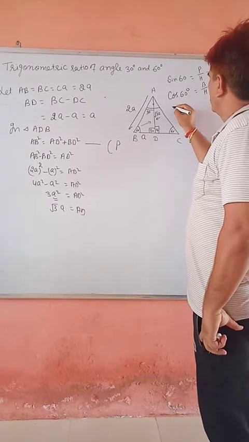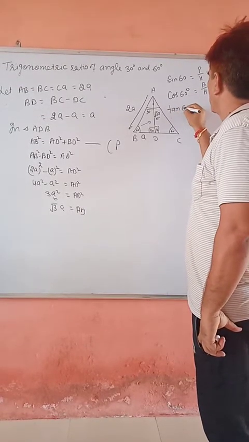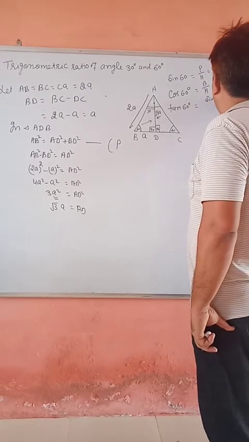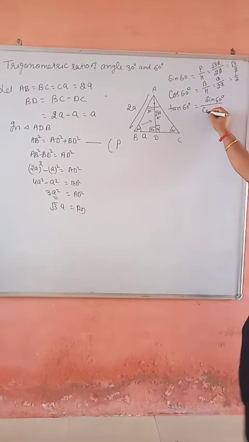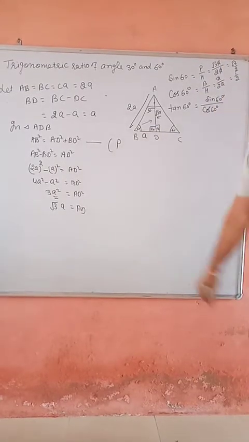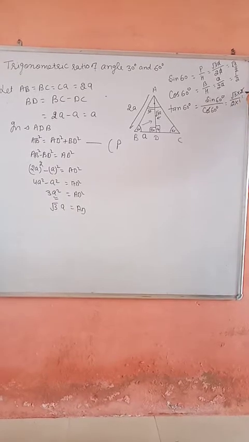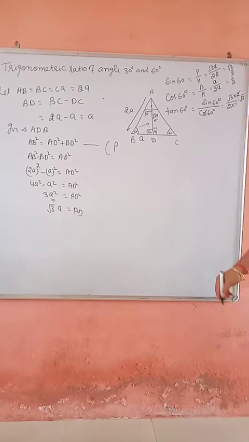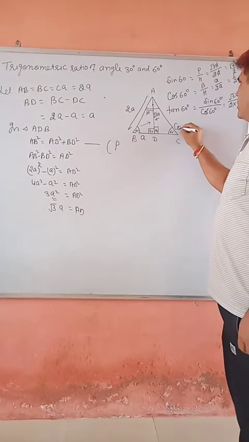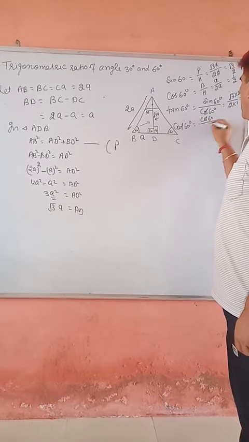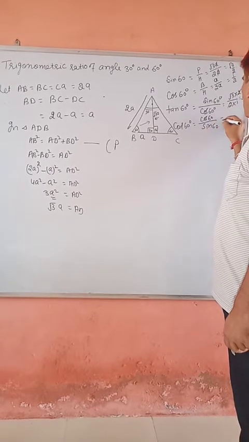Now tangent 60 degrees. Tangent 60 is what? Sine 60 degrees by cos of 60 degrees. Understood? Sine 60 is √3 by 2, cos 60 is 1 by 2. This cancels this, and we get √3. Similarly, cotangent 60 degrees is equal to cos 60 by sine 60, which is 1 by √3.